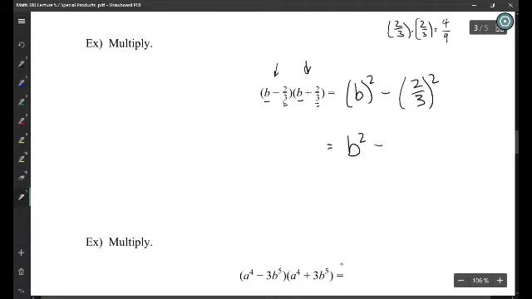So b squared minus 4/9. And that is our answer.